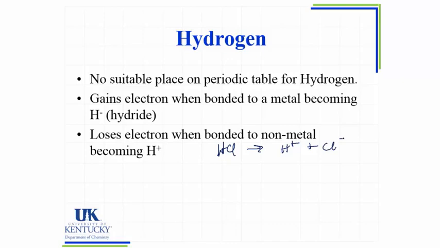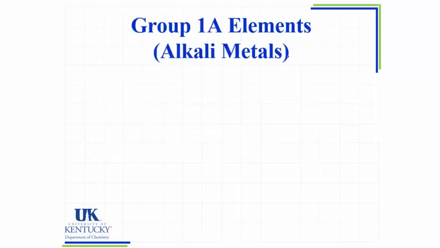We have those ions associated with it. It is actually a nonmetal. Hydrogen is a nonmetal, though it sits with the 1A family. So it's quite unique. But let's look at the real 1A family, the alkali metals.